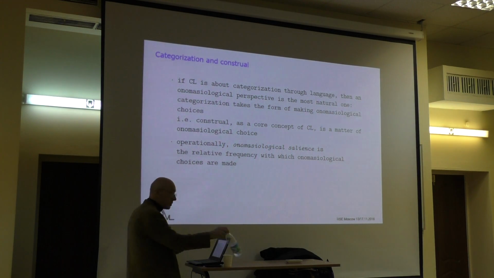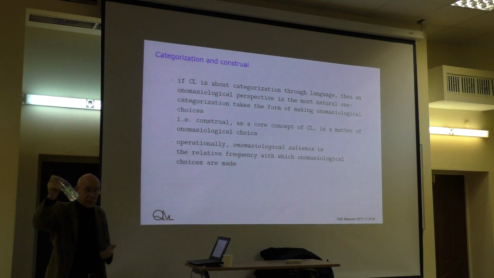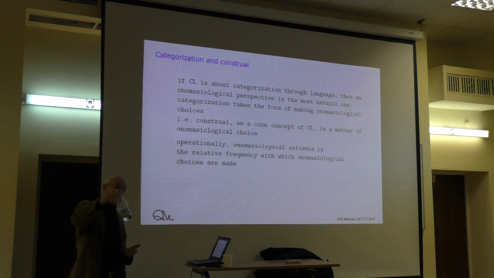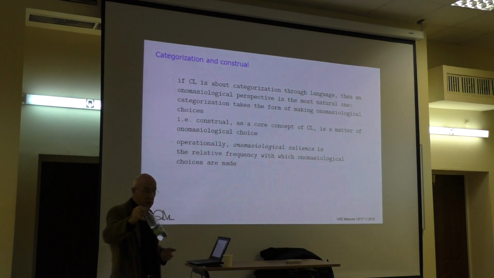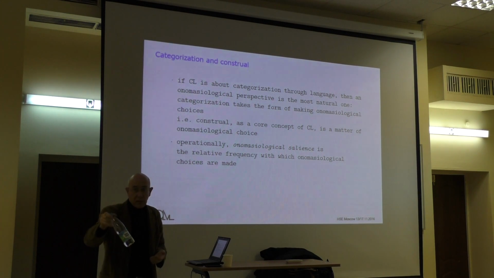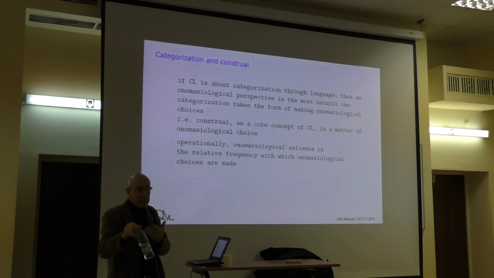Why is this? What is it, by the way? It's a bottle, but it's a water bottle, or it's an object, or it's a vessel, or it's a recipient. I have lots of categorical choices.